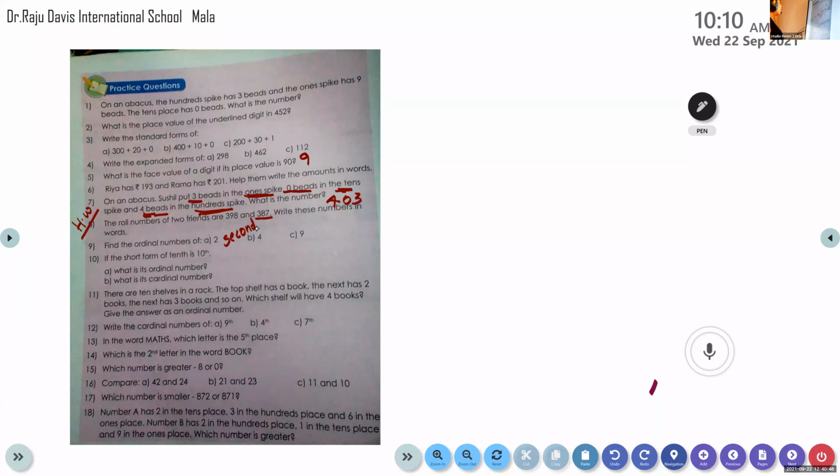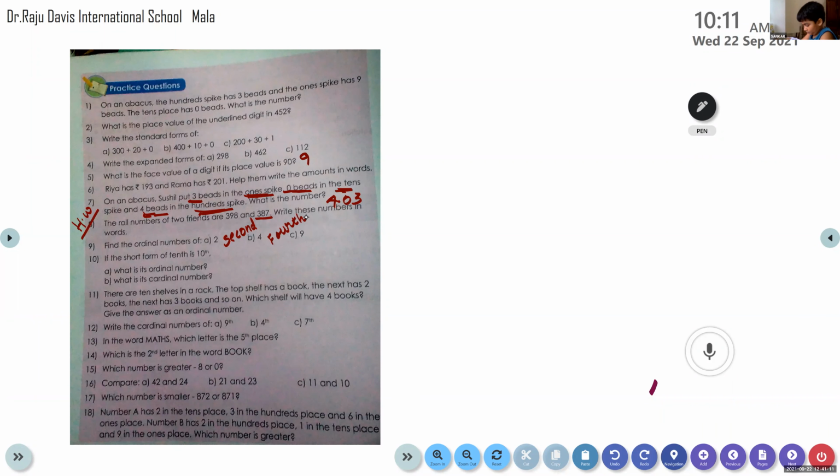What is the ordinal number for 4? Fourth. Yes, fourth. F-O-U-R-T-H. We need to write fourth.